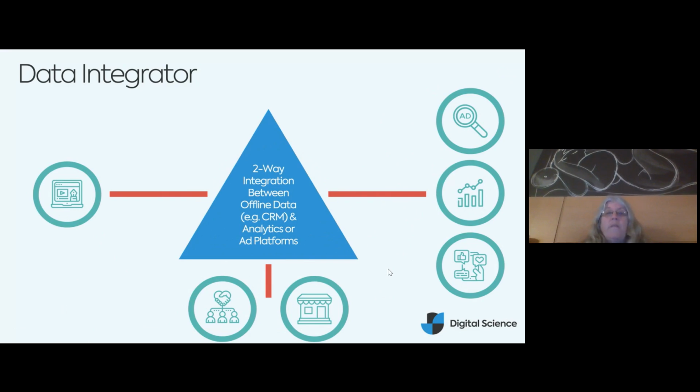Now, sometimes it's really easy. It can be just a CSV export or a script that can run, or it can be an API that's provided by, say, Salesforce or HubSpot, etc. But once we've got the data out, it then goes into a BigQuery database, which is on an Amazon server that's located in your geographical region.